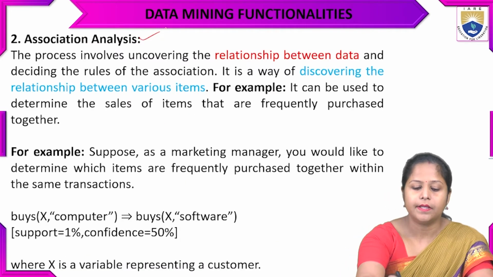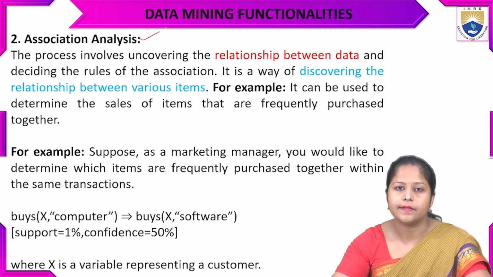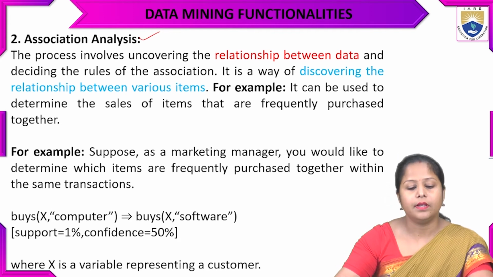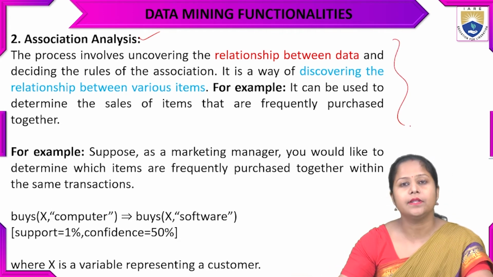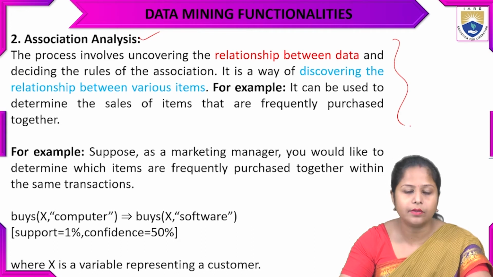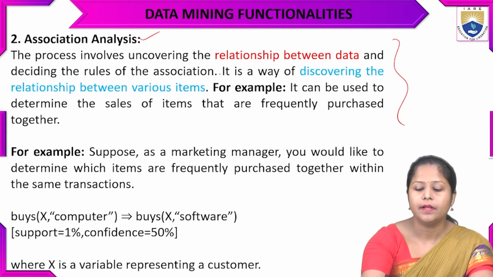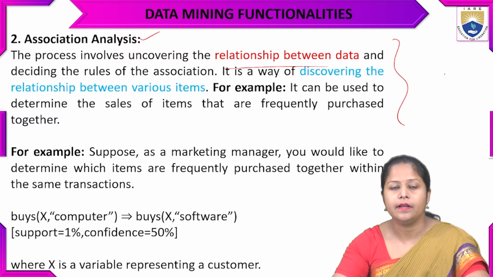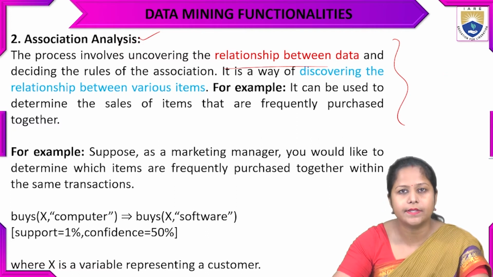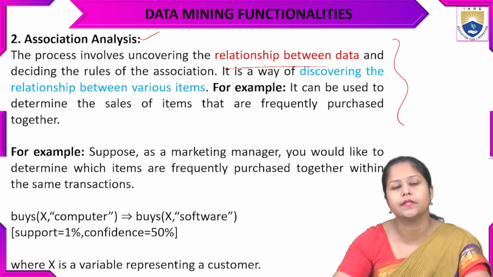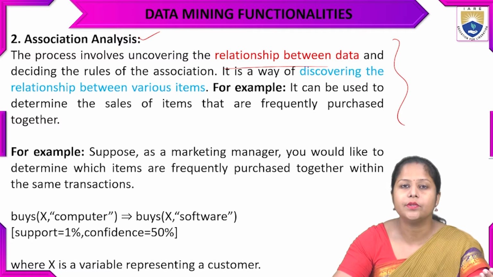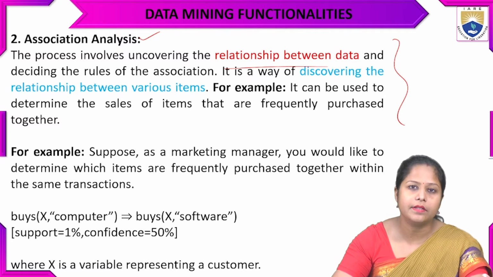Second is association analysis. This association analysis process includes uncovering the relationship between the data, and then it is going to decide the rule of the association. What is the association between the data?